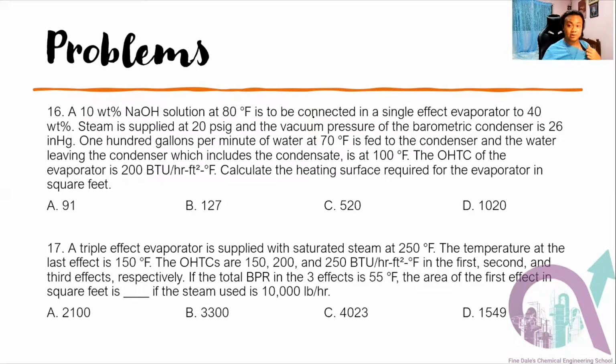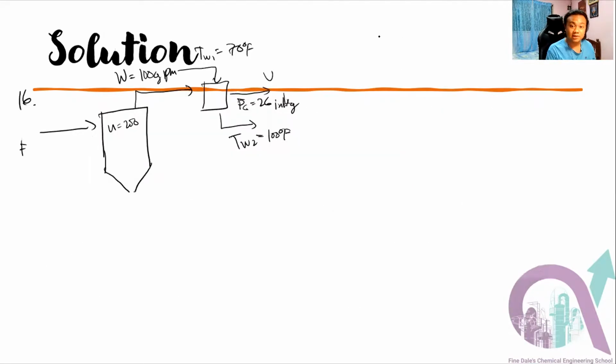So you know how to get that. So 29.92 inHg, the barometric pressure in inches mercury, minus 26. You have 3.92 inches mercury. Transform that to pascals so that you can easily get it from the steam table.